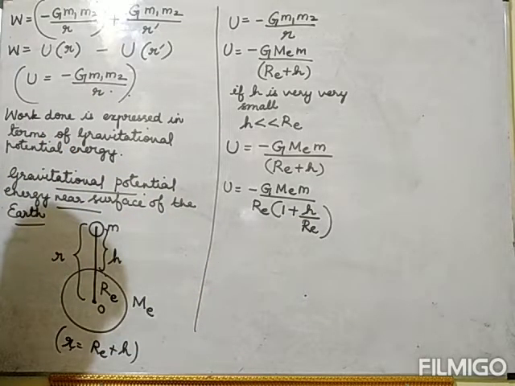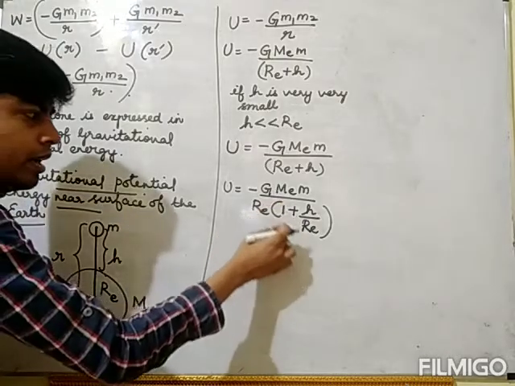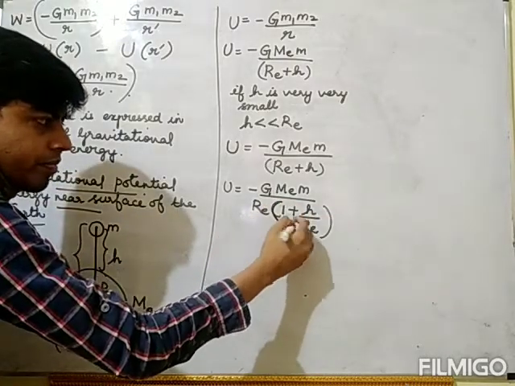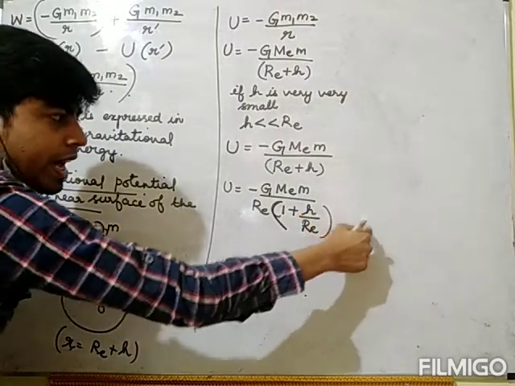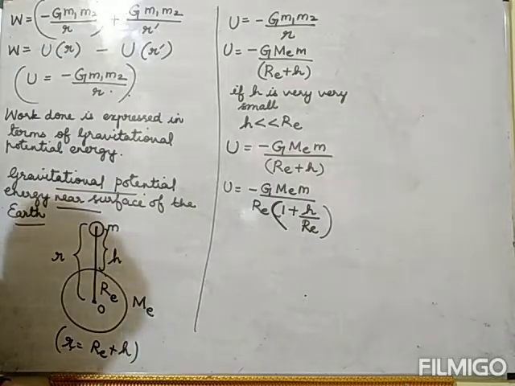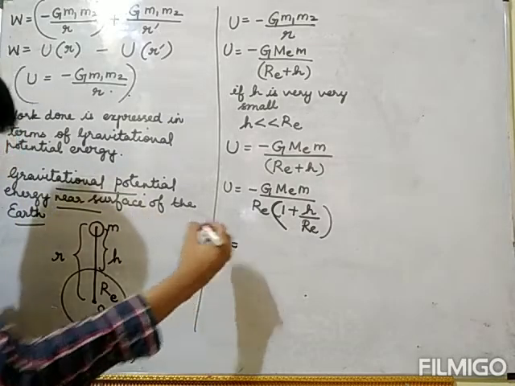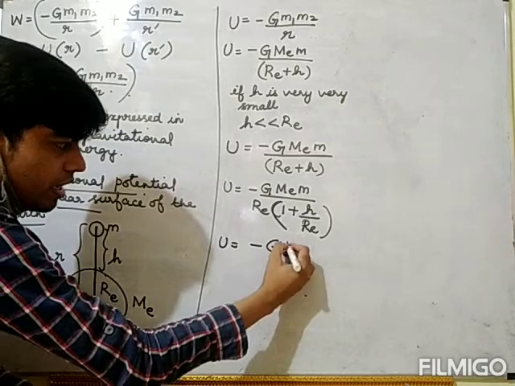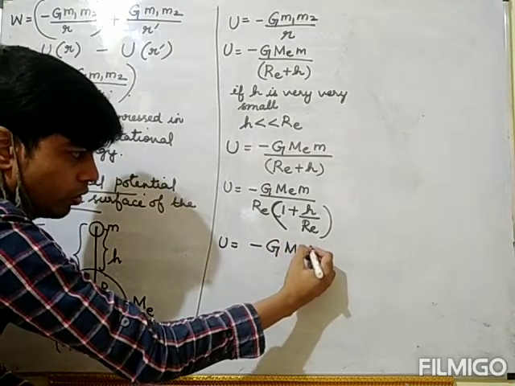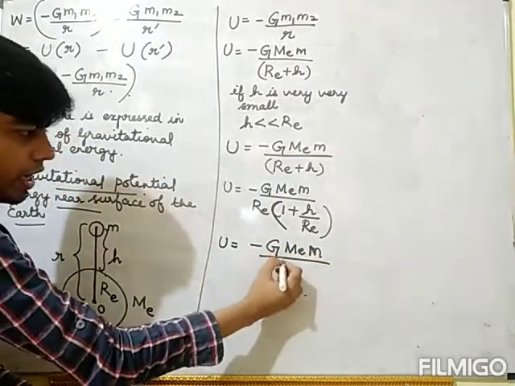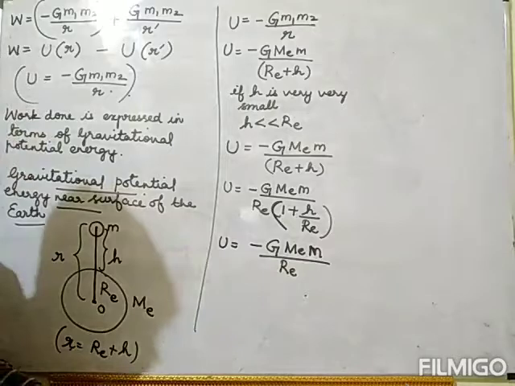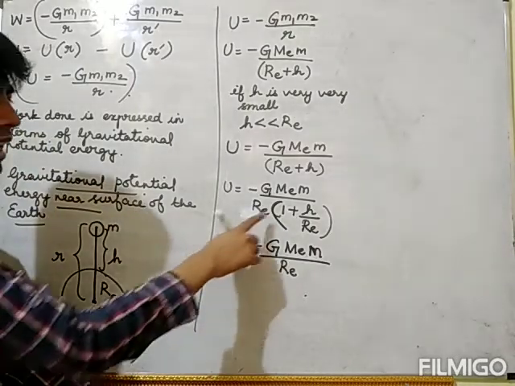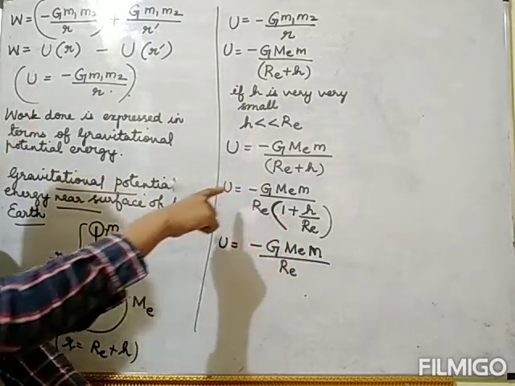Okay. Now this 1 plus H by Re, I am taking it to the numerator. So I will get U is equal to minus G Me into M divided by Re. Okay, Re I have taken commonly outside.